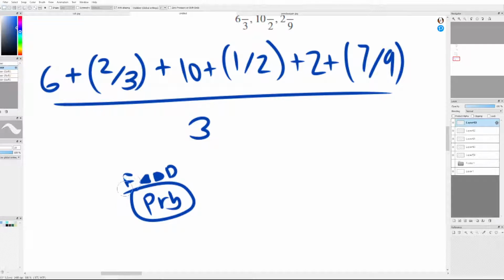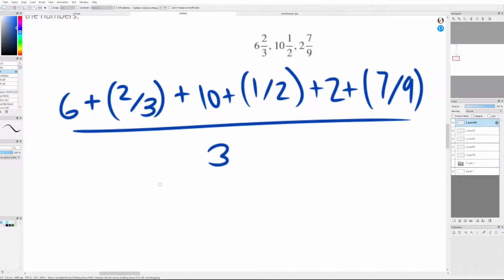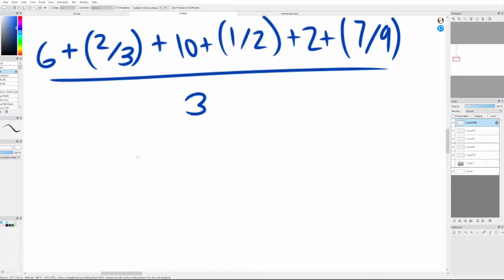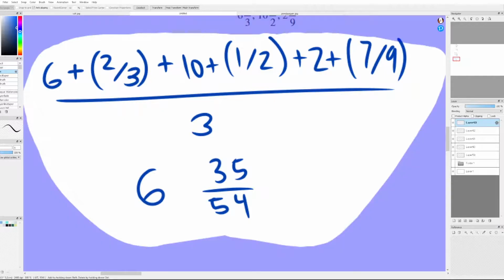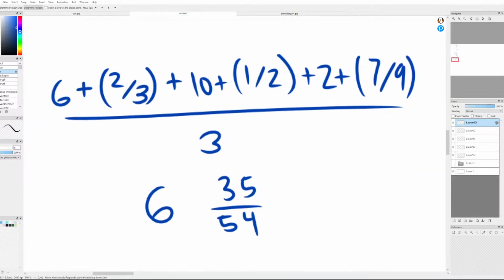Anything that has that F, arrow, D, fraction to decimal, is going to be your winner chicken dinner. When you get this, however, eventually it's going to turn out to be 6 and 35/54ths. It has this little U thing that just means "and." However, I think it's a good idea to know how to do these.